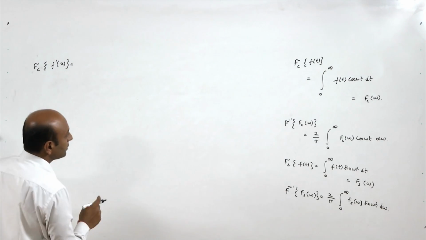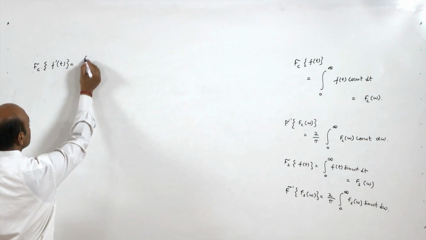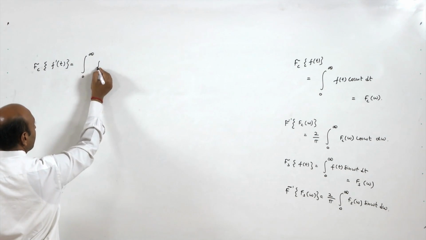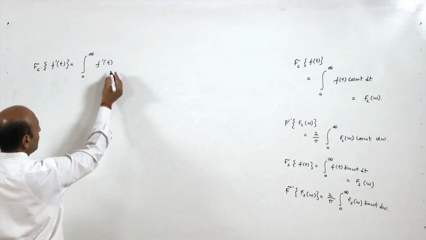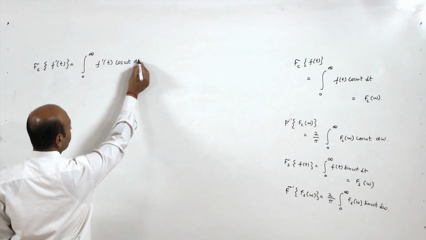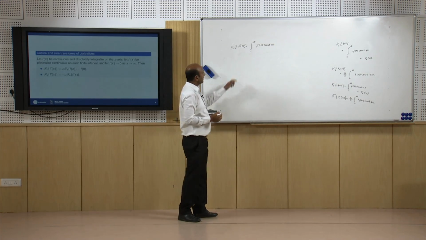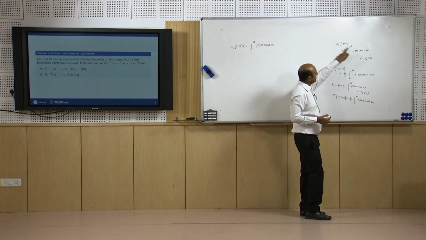By the definition, it will be the integral from 0 to infinity of f'(t) cos ωt dt. You simply replace f by f' in this expression.